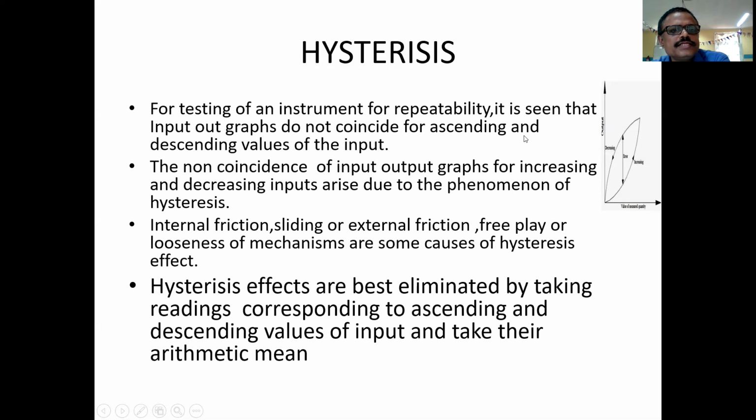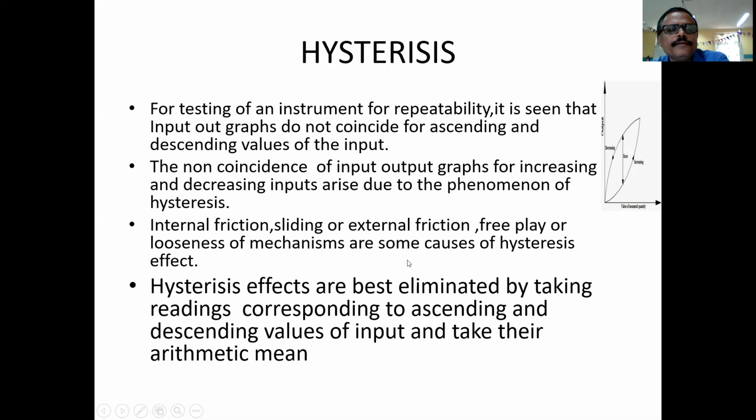There are many reasons. For testing of an instrument for its repeatability, we see that input-output graphs do not coincide for ascending and descending values. So there is no correlation between input-output graphs here.